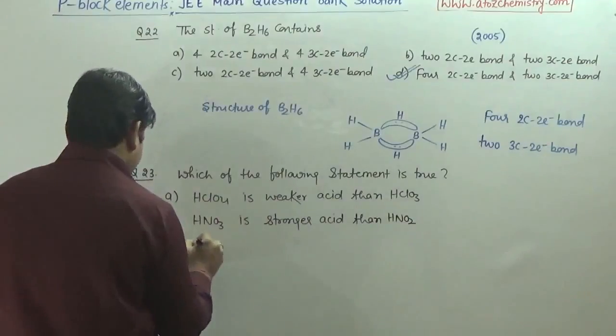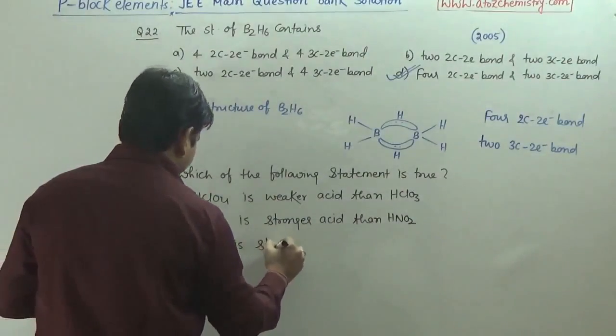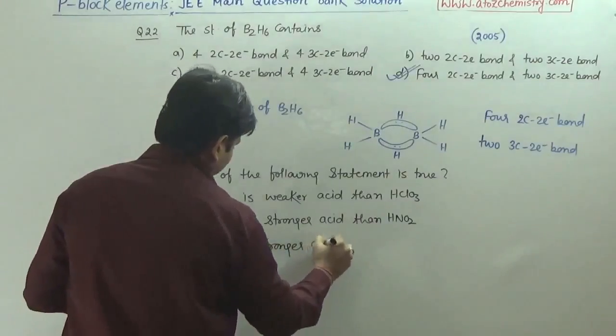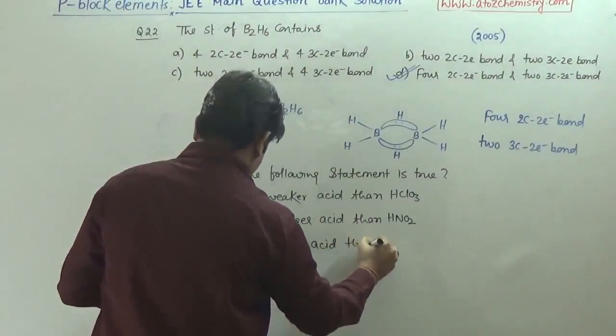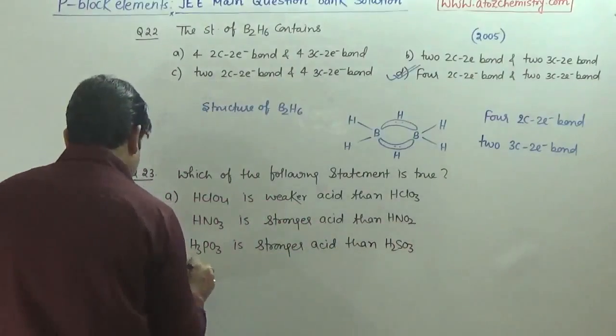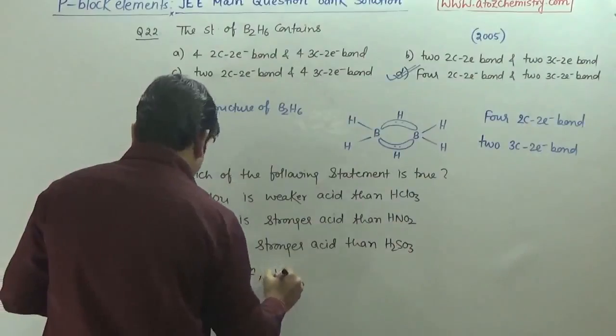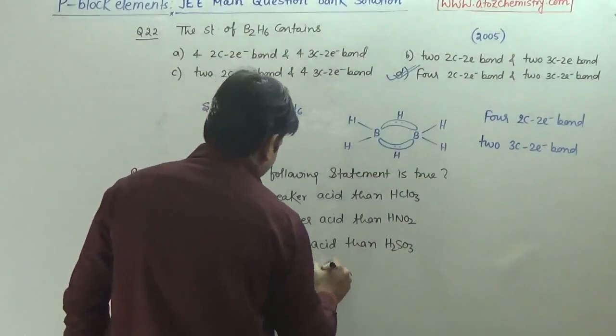C option: H3PO3 is stronger acid than H2SO3. And D option: in aqueous solution HF is stronger acid than HCl.